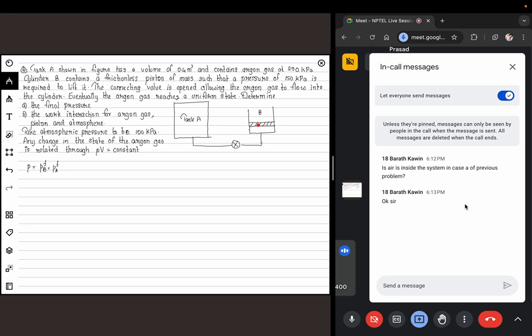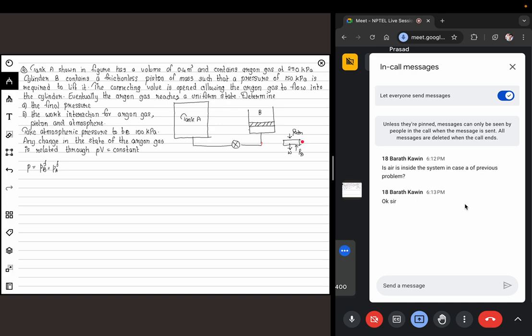So what is happening in the tank B? Again, we are saying that the process is happening very slowly. As long as the process is happening very slowly, the acceleration of this particular piston is 0. So if you do a free body diagram for the piston, there is force from the top from the atmosphere, and the weight force, and whatever gas pressure is acting here.